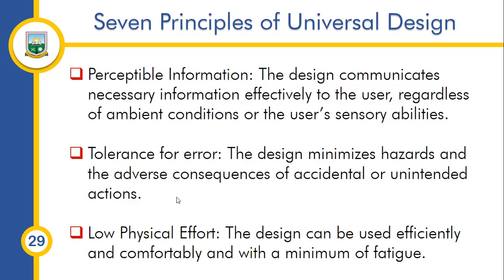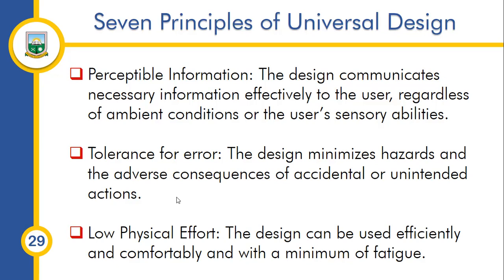So the fourth principle is perceptible information. The design communicates necessary information effectively to the user, regardless of ambient conditions or the user's sensory abilities. Another principle is tolerance for error. The design minimizes hazards and the adverse consequences of accidental or unintended actions.